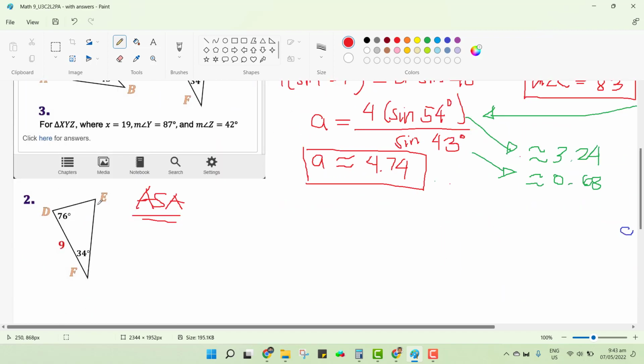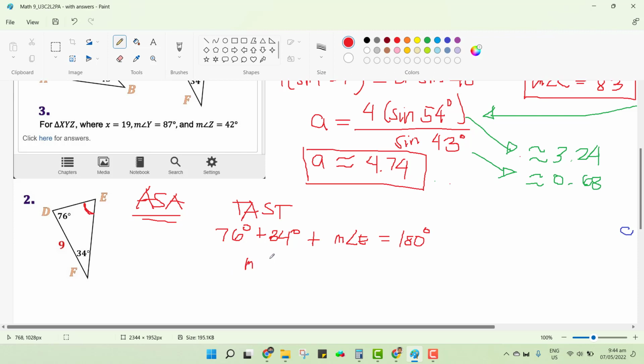Even if it doesn't have enough pairing, we can solve this because we could always use the triangle angle sum to solve for angle E. So the triangle angle sum theorem tells us that the sum of the three angles, 76 degrees plus 34 degrees plus the measurement of angle E, must be 180 degrees.